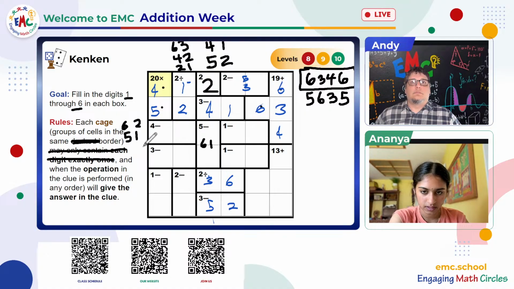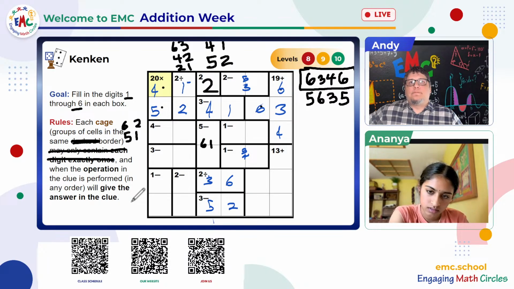So 5, 4 would have to be down here. Let's write it in. 3, 2 could work in either. So 3, 2 in the middle.